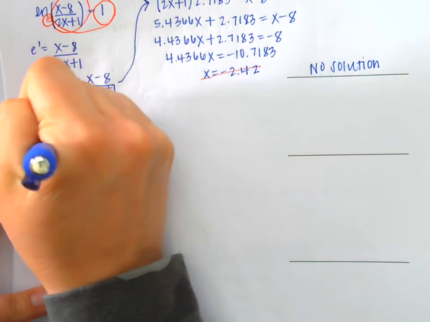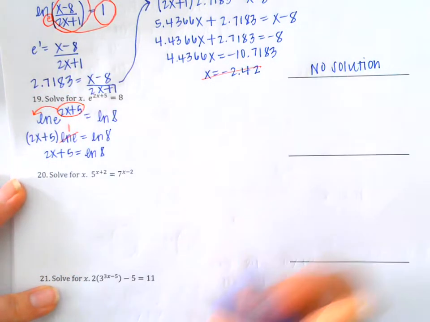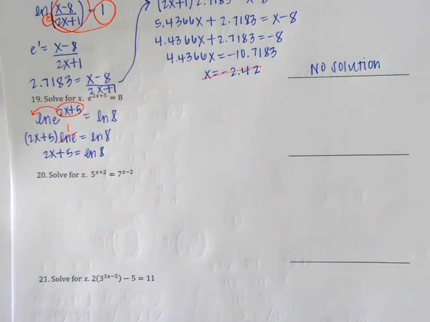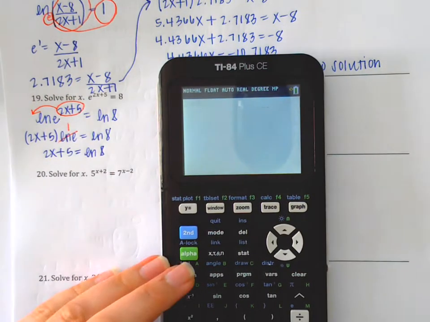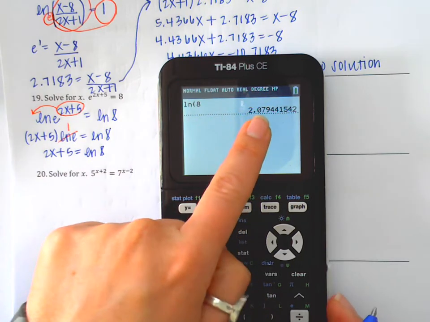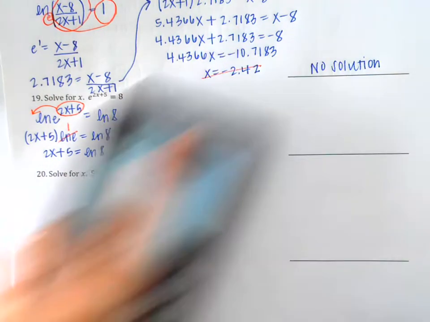What I'm left with is 2x plus 5 equals ln of 8. Now I'm going to get ln of 8 on my calculator. I'm going to round it to 4 decimals because we're still within the problem. So it's going to be 2.0794.